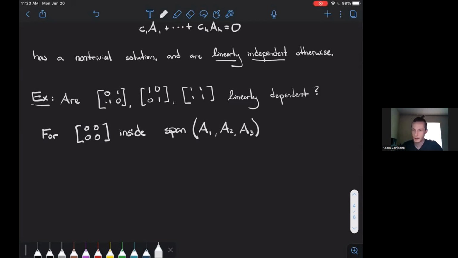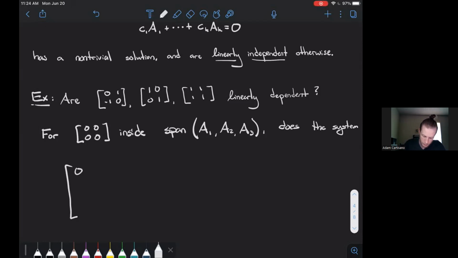But the question is, when you make the homogeneous system, which I'm going to skip writing, and just jump right to the augmented matrix, it's the same one that we had for all the other ones.